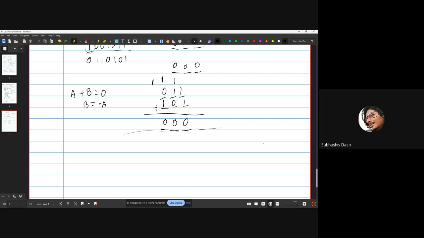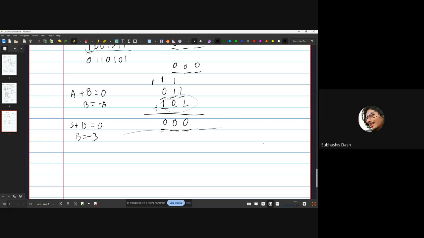And for that one, this number added to 3 results in 0. So as we mentioned, if I do 3 plus b equals 0, b is minus 3.